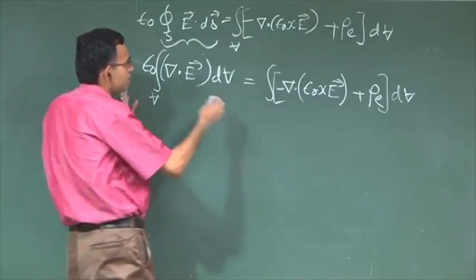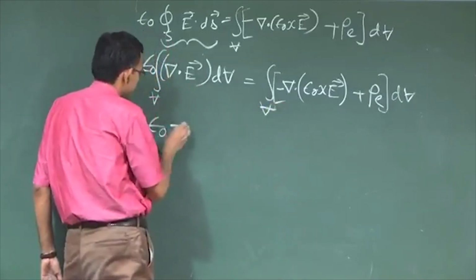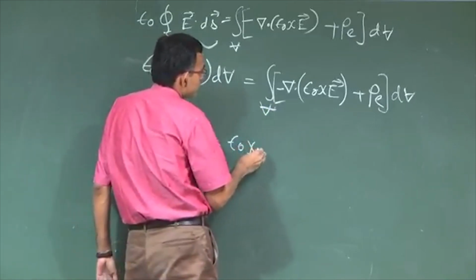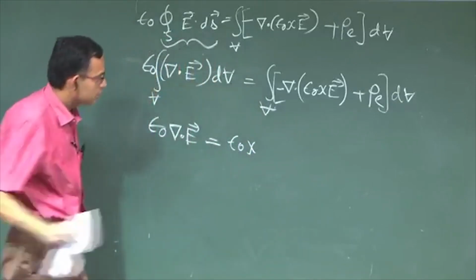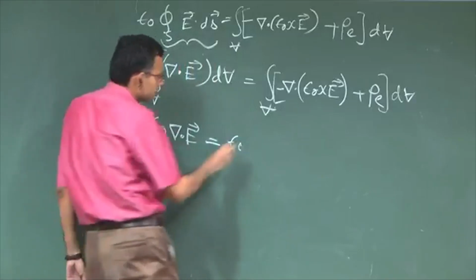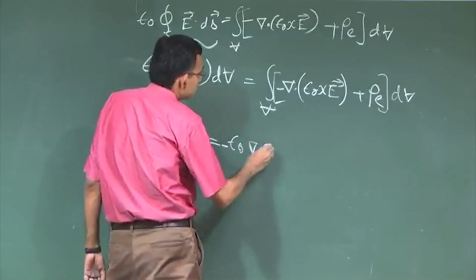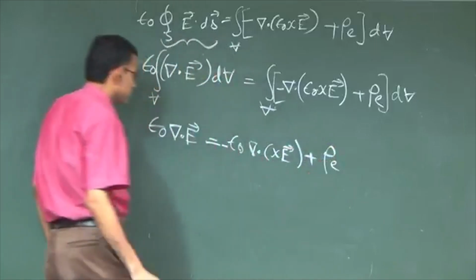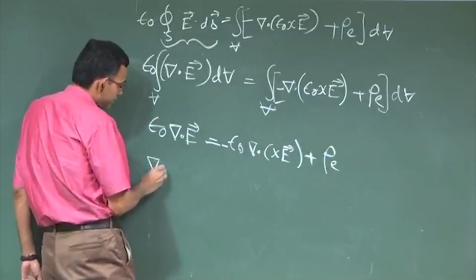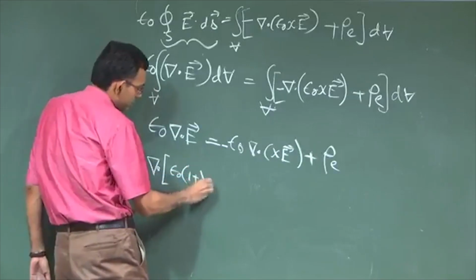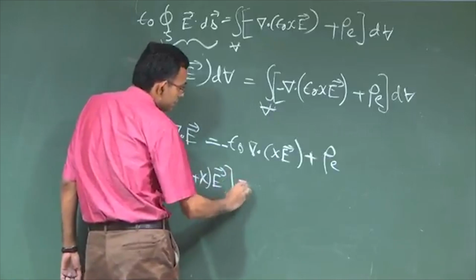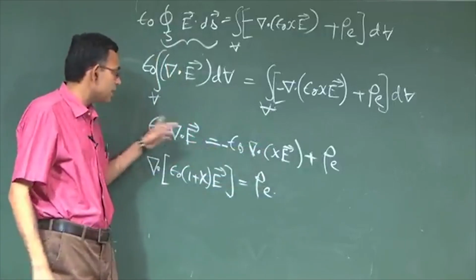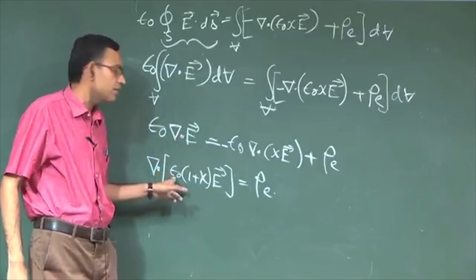So, now because the volume element is arbitrary, we can write, okay, just taking epsilon naught inside, it does not matter, it is a constant, it is a permittivity of the free space.